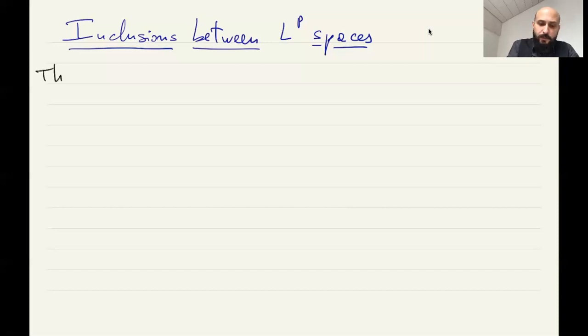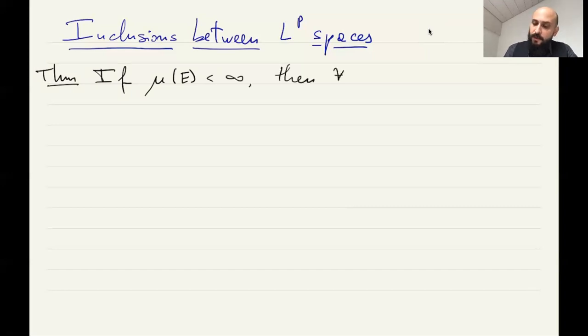So the first theorem I want to present is the fact that if the measure of the whole space is finite, then we have an inclusion.